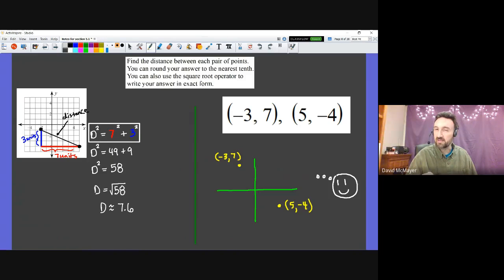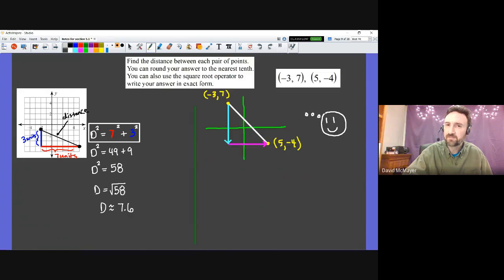So I can kind of see the distance between those 2 points. I can see what it is physically, but I don't know what the calculation is quite yet. It helps me to have that picture in my head. So when I'm thinking about that picture in my head, I want to measure the horizontal distance and the vertical distance between those coordinate points.